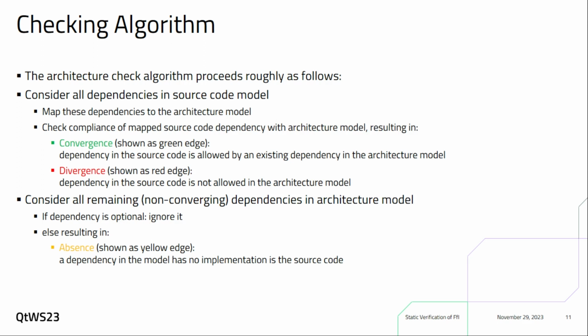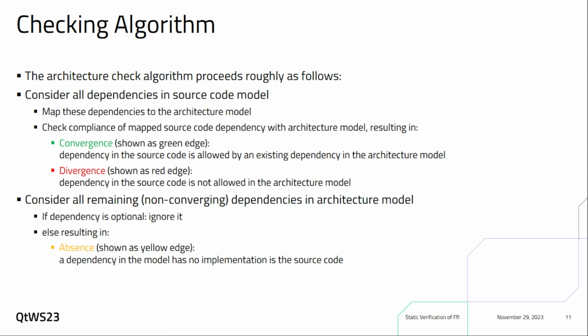Then we want to do a check. Is this implementation compliant with that architecture model? So the checking algorithm proceeds roughly like this. We consider all dependencies in the abstracted source code model, map these onto the architecture model using the mapping shown on the previous slide, and then we check compliance between the two.